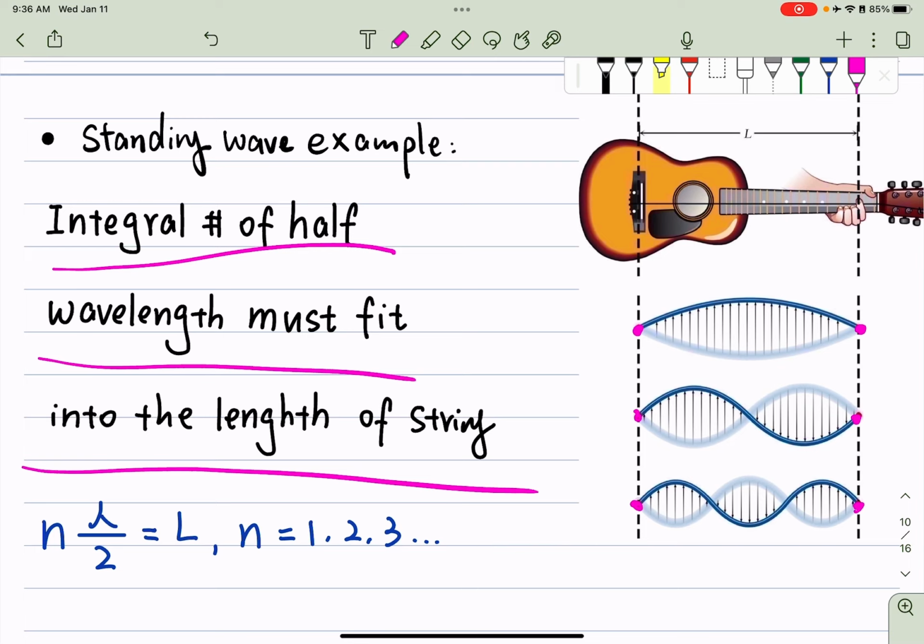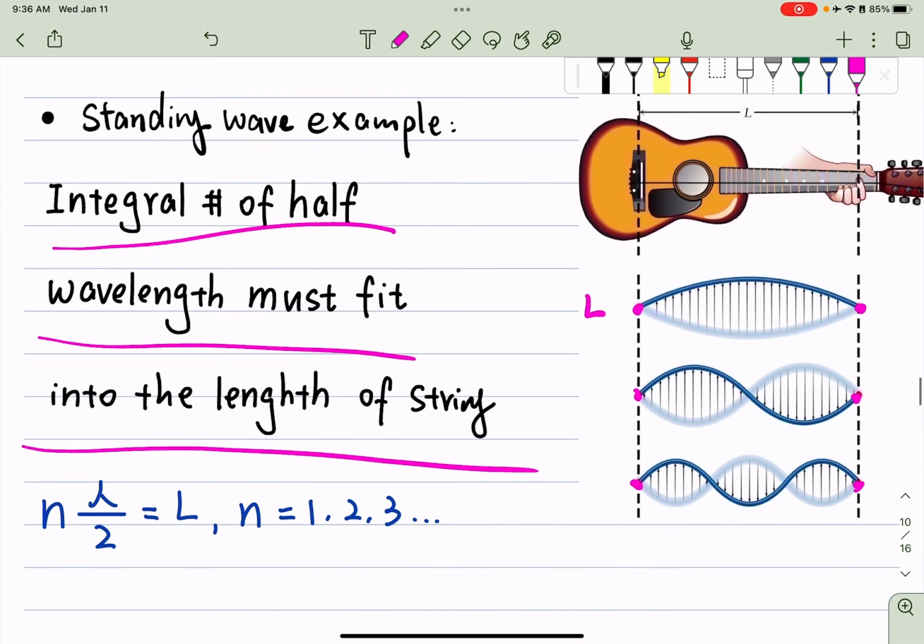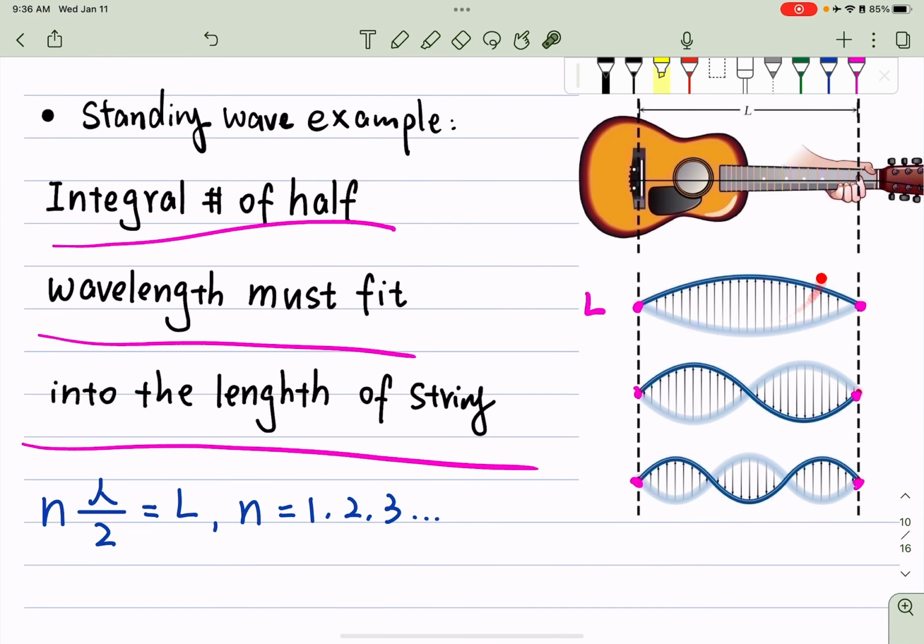So let's say the length here is L, and then what is the wavelength of my first wave, or my first harmonic wave here? This one, the length is L. Care to take a guess, anyone? Yes, so my first one is lambda equals 2L. That's my first harmonic.